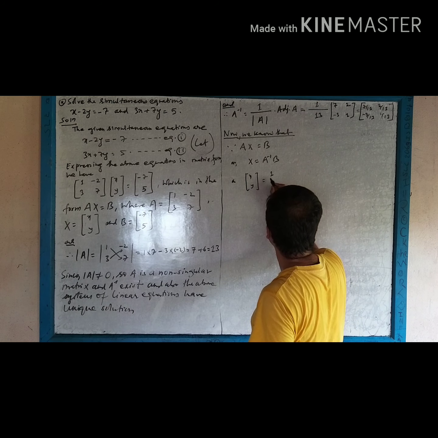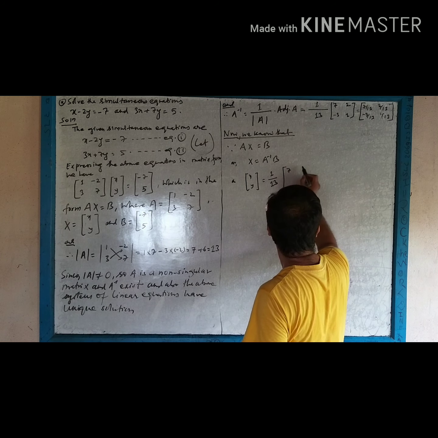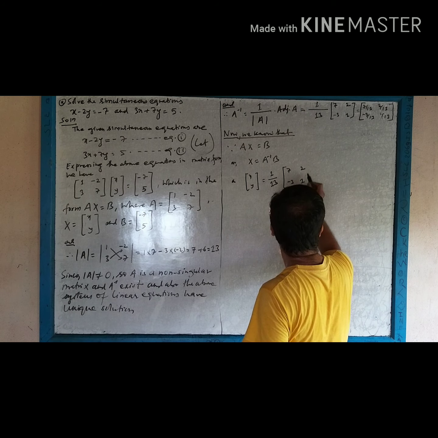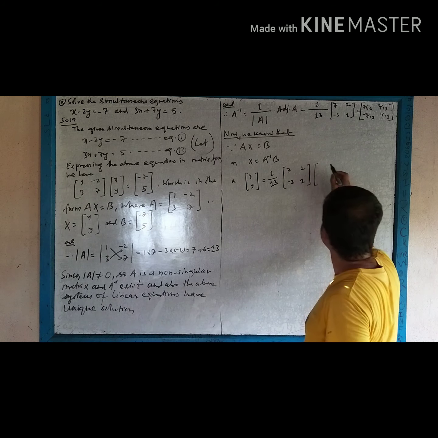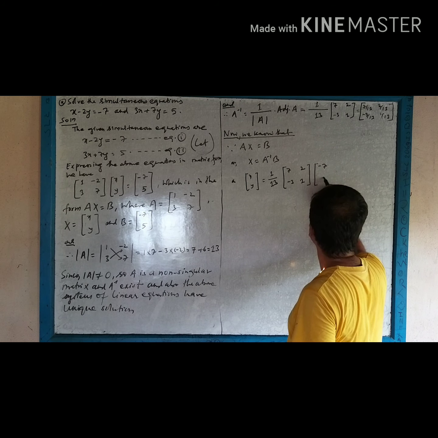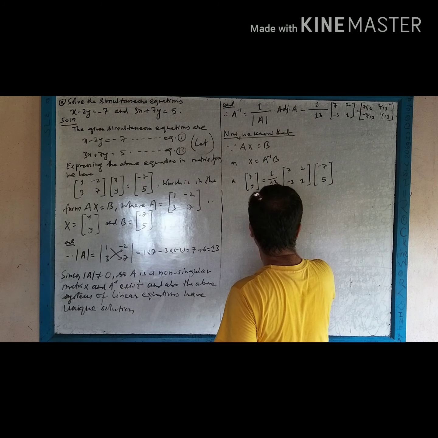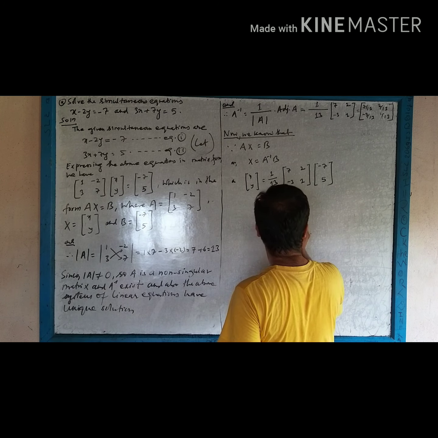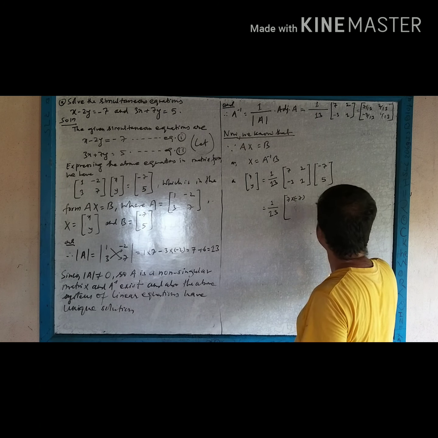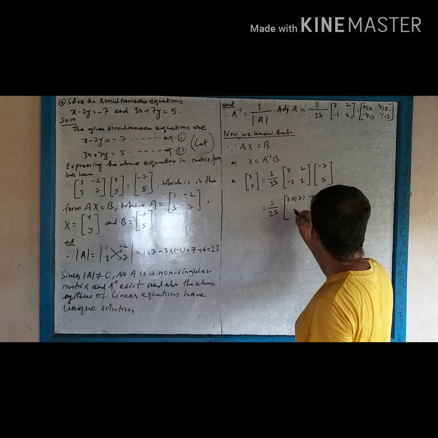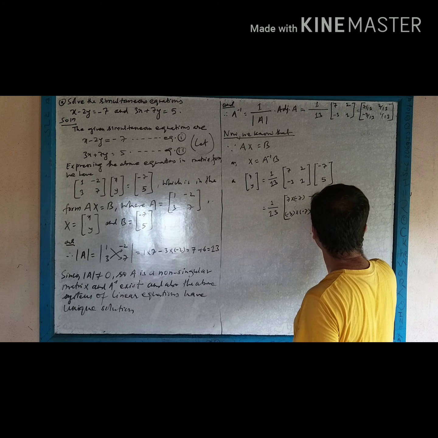So A inverse, at last I will multiply 1 by 13 times [7, 2; -3, 1]. And what is matrix B? Matrix B, you know, is [-7; 5]. So it equals 1 by 13. First row into first column: 7 into minus 7 plus 2 into 5. Minus 3 into minus 7 plus 1 into 5.